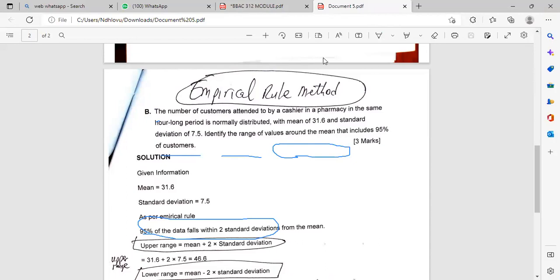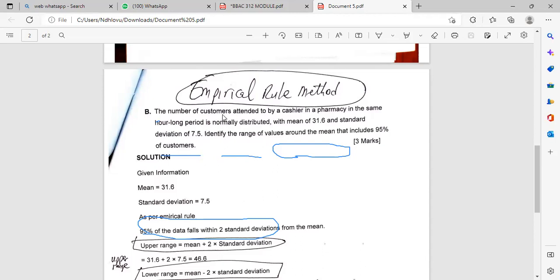Of course, I will go the extra mile to explain the Chebyshev rule as well. So we can do two of them. The mean, the variance, the standard deviations, all those are not as cumbersome. So now let's look at the empirical rule.